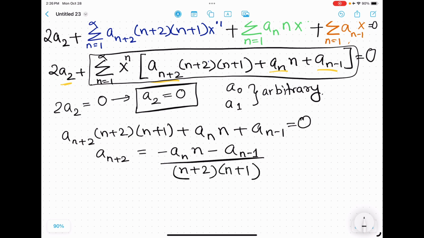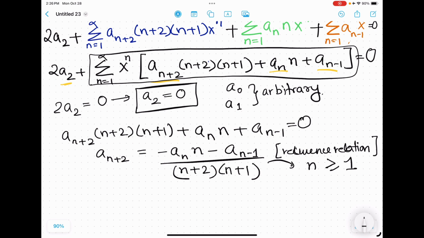Okay, so this is my recurrence relationship, and this is also, let's not forget, for n greater than or equal to 1. So this is how my recurrence relation looks.